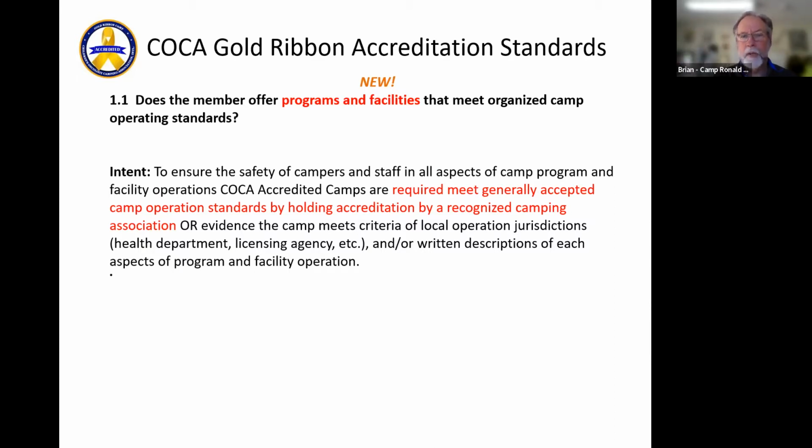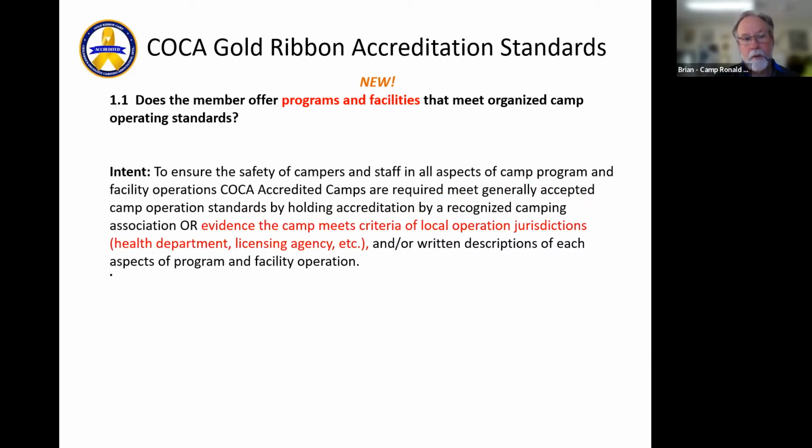But ACA would be one that would generally accredit here in the United States. So if you have that as a COCA camp, if it's your camp program and facility, and you're ACA accredited, then basically you meet the intent of this. If you just have the facility, you meet part of it, but not all of it, because you also have the program, if you're accredited by an outside group.